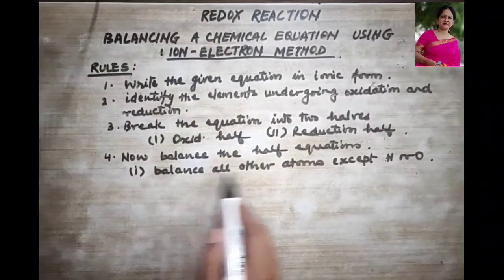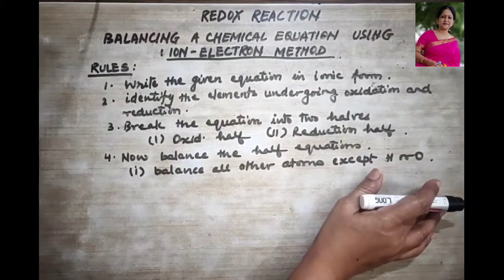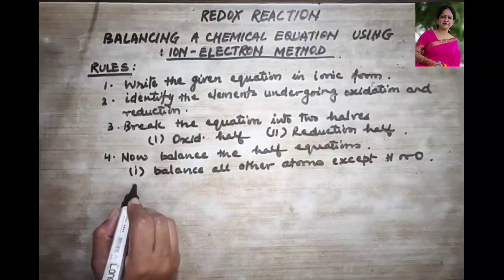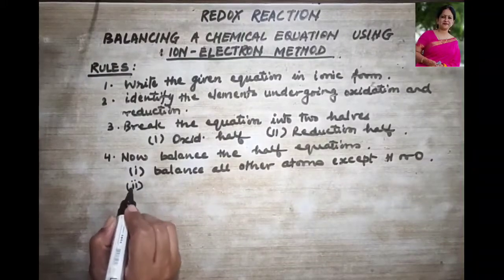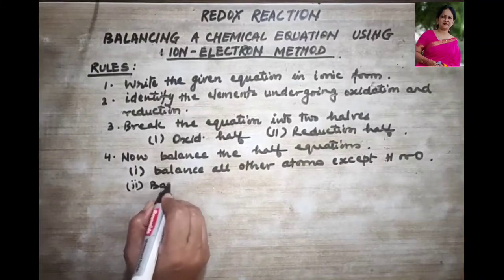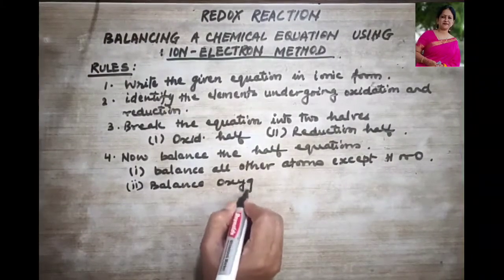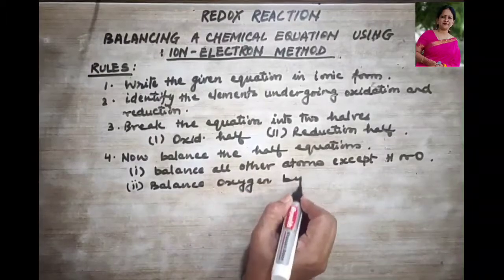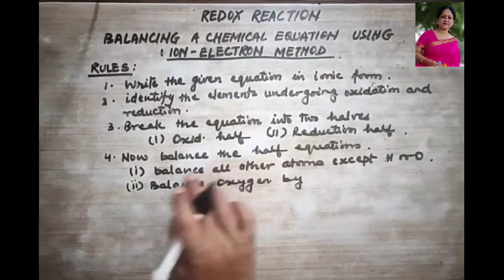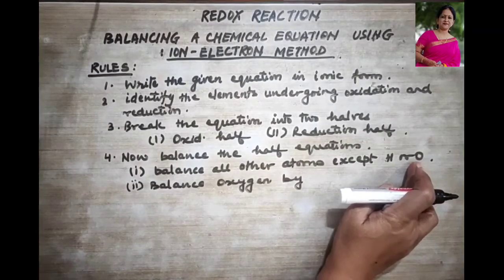We will balance all the other atoms but not hydrogen and oxygen first, okay? Then after balancing all the other elements, we will now focus on balancing oxygen, okay? So after all the atoms are balanced, now we are going to focus on balancing oxygen, right?